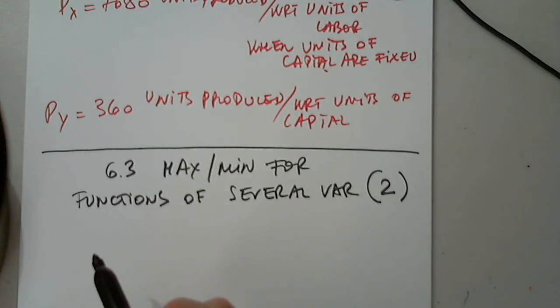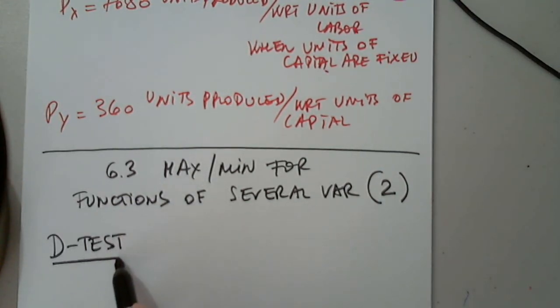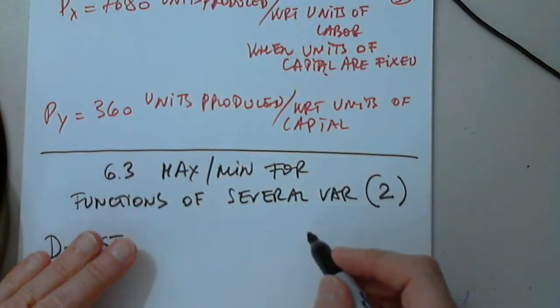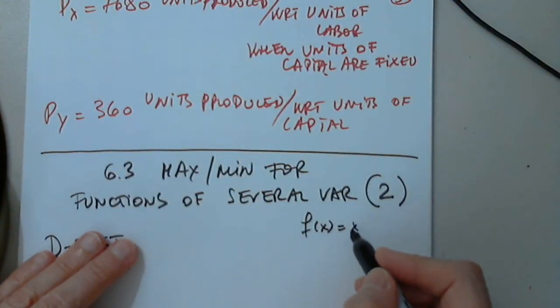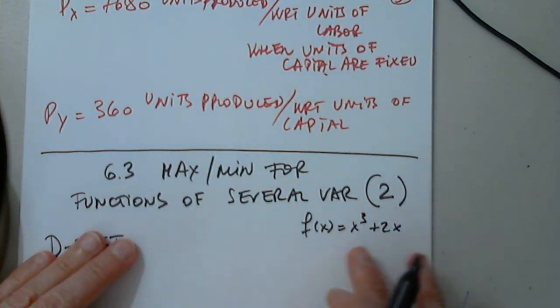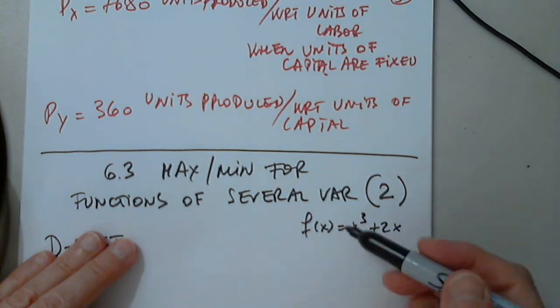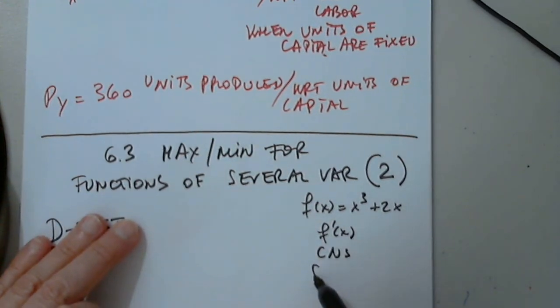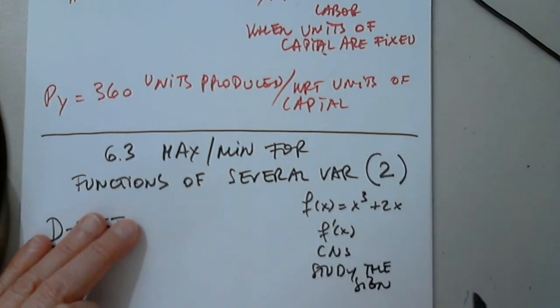Good. So there is something called the d-test. So this is what we are going to talk about. The idea is the same. If we have a function like f of x equals x cubed plus 2x, which is a function of one variable, how do I find the max min? Well, I find f prime, I find critical numbers, and I study the sign of the derivative.